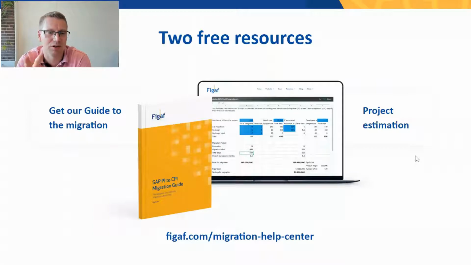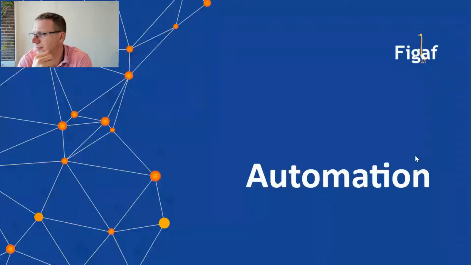This calculator tries to give you an idea of how you can estimate these things, so I recommend you check it out and run some simulations. Also see how well it will function if the FIGAF tool can improve your productivity by 50 or 20%, and if it would be worth your effort.